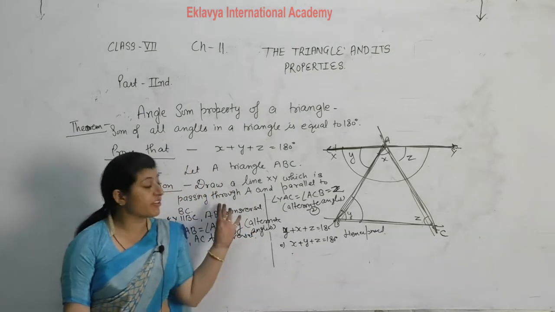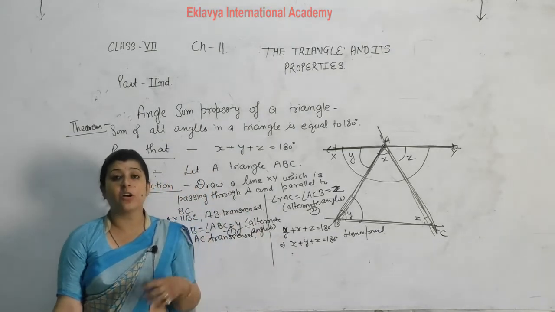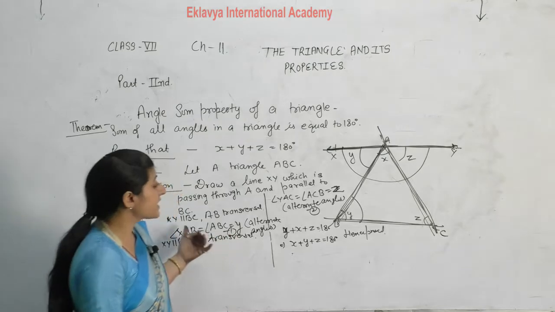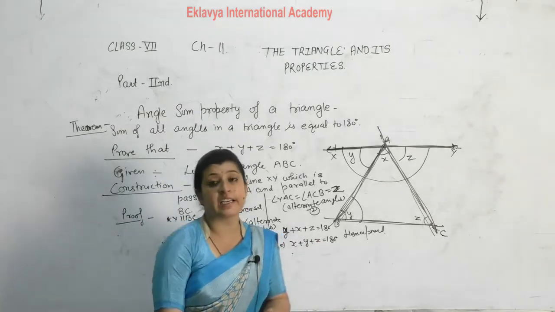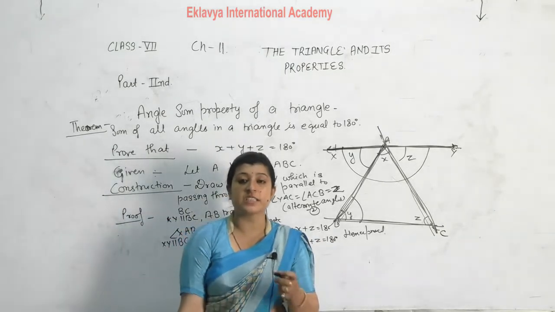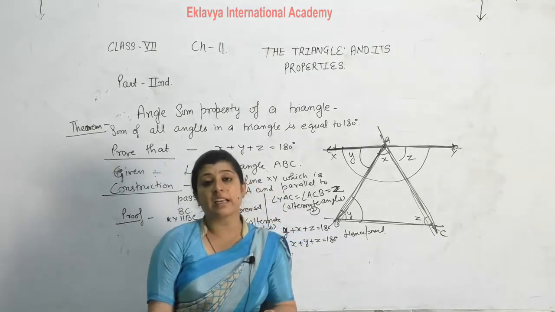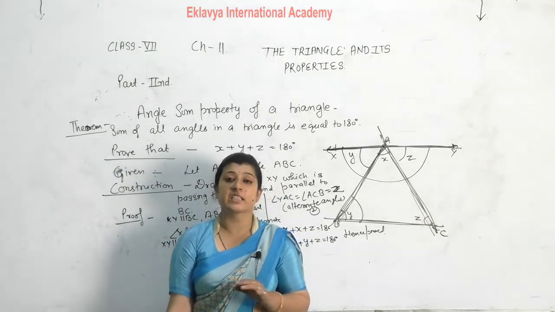And which concept did we use here? Which we know already. The parallel line concept: whenever a transversal intersects two parallel lines, their alternate interior angles are equal.